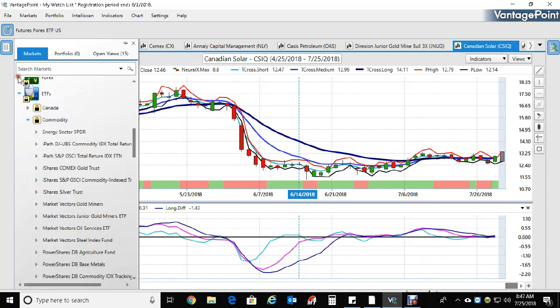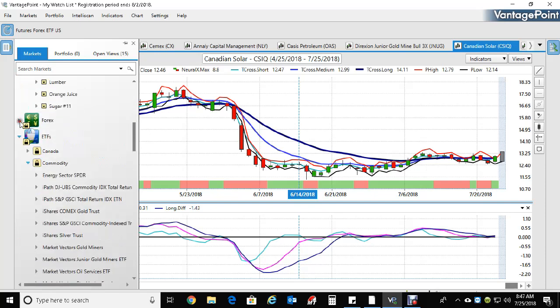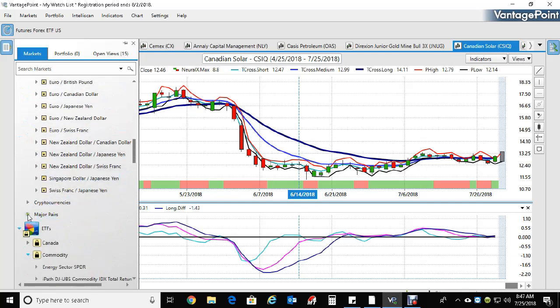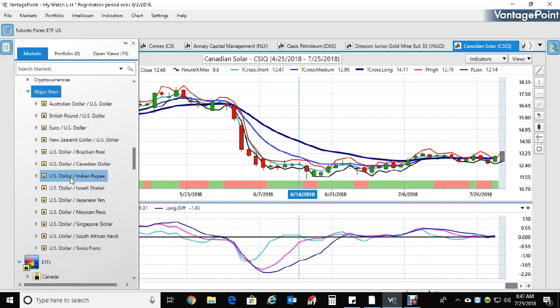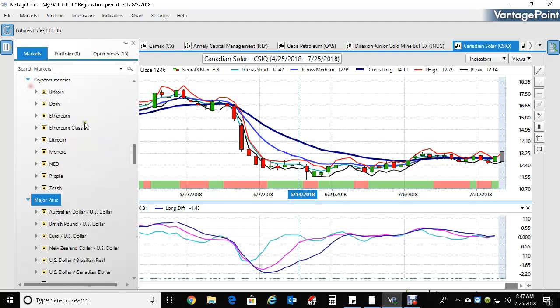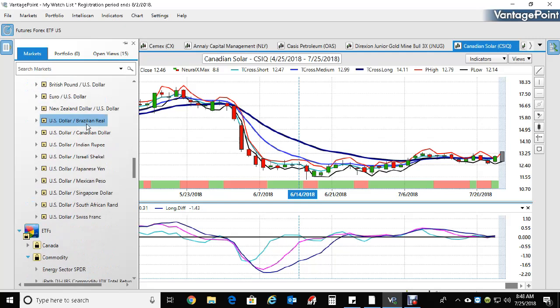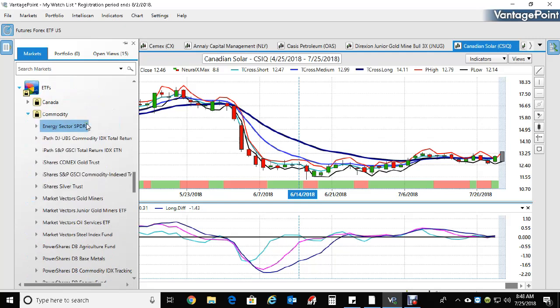On the forex, the major pairs are each individual, including cryptocurrencies, correct? And on the ETFs, they're by sector.